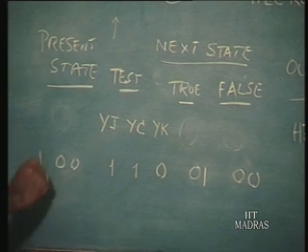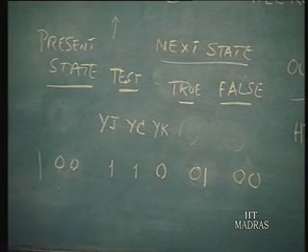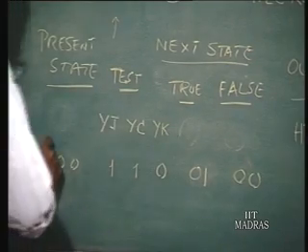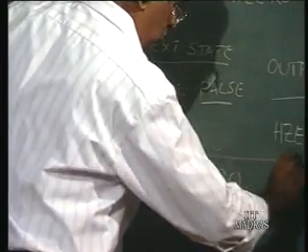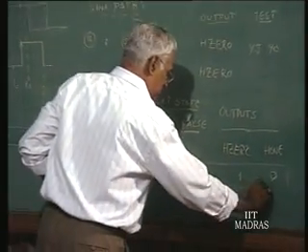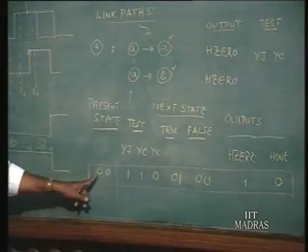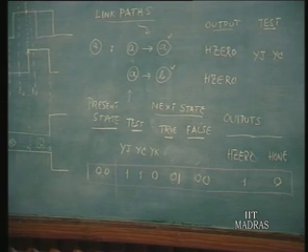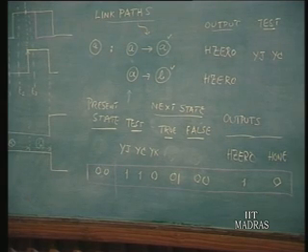Now here we have the entire information for the present state A, the code of which is 0 0.